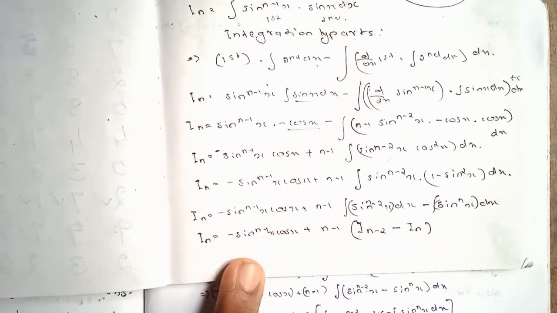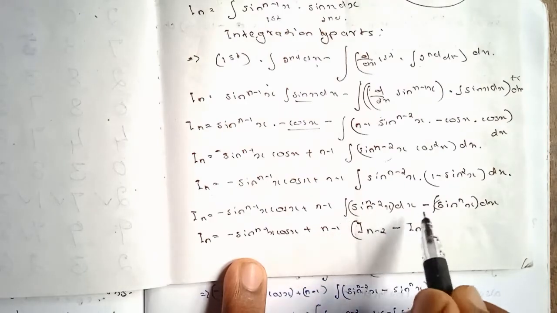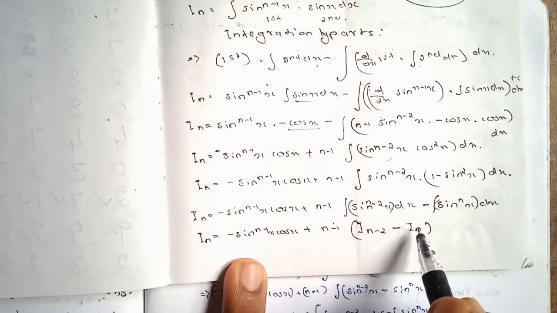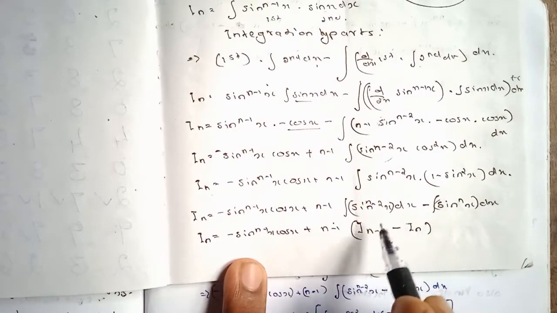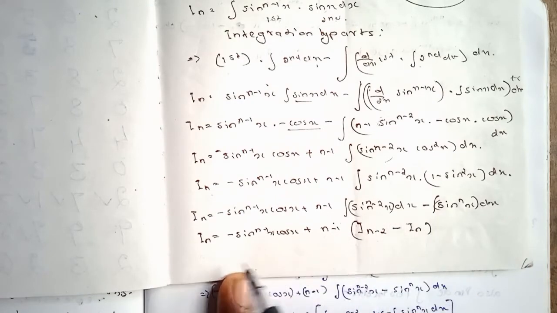Then in the next step we multiply n minus 1 by opening this bracket: n minus 1 into I_(n-2) and n minus 1 into I_n. Then the minus of n minus 1 into I_n term would be taken to the left hand side from the right hand side.